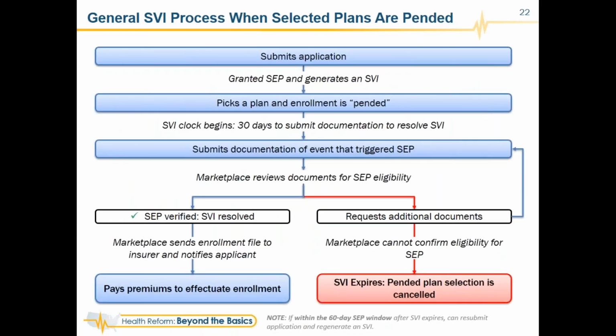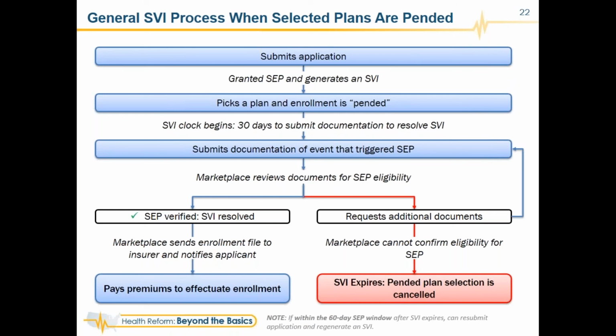So I'm going to walk through the general process when a person selects a plan and has to complete an SVI. So let's say that the person first submits their application and attests to having an SEP and an SVI is generated. This person selects a plan, but the enrollment is pended while the SVI is resolved.